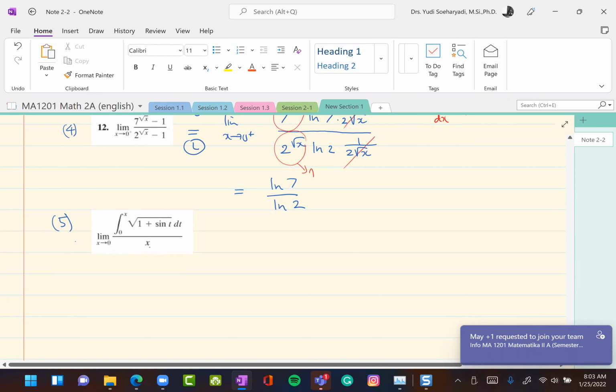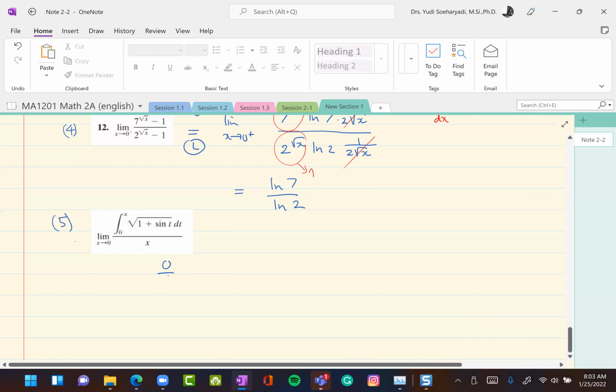Okay, this is going to 0. So this is all small over small. Okay, because it is small over small, we attempt to use L'Hopital and take derivative. So we compute this one instead.